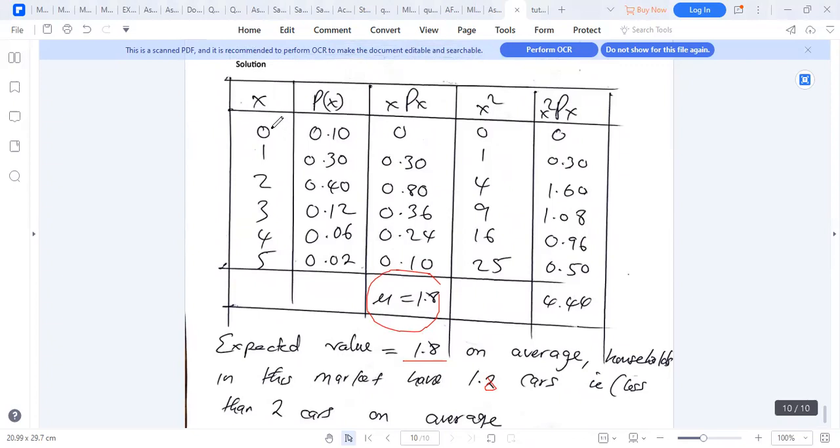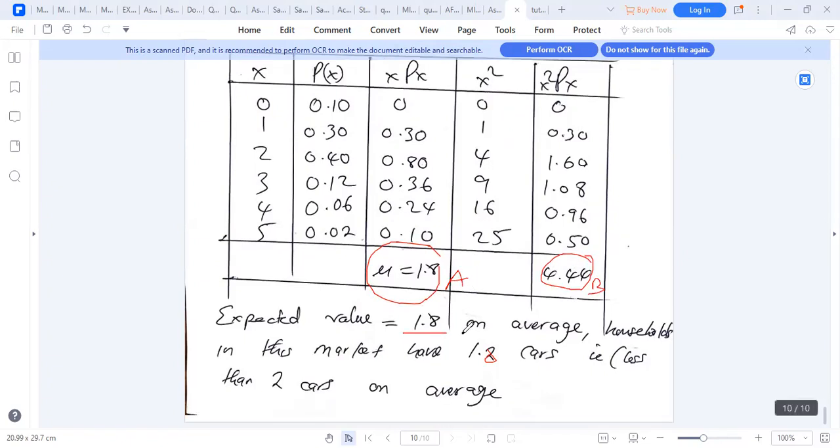You get the variance, we square each individual value there to get them here. You multiply this one by the individual probability, this by that, it's 0, 1 times 0.3, 4 times 0.4, and 25 by 0.2. Total there. You see, this is not the variance. If this was our A and this B, to get the variance will simply be B minus A squared.